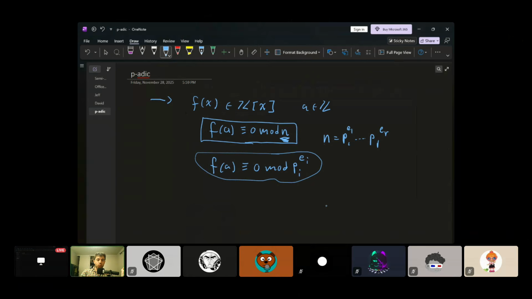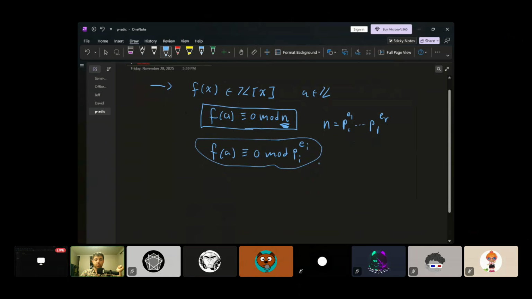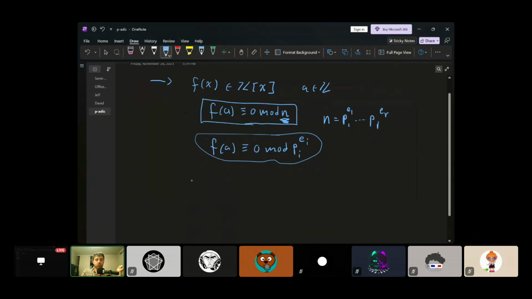So, well, the easiest case of that is you might think, oh, well, when e equals 1, right? So we might start with the most humble thing and just ask, okay, can we at least solve this polynomial mod p, fix some prime p. And then, if you want to get a higher power, you might say, okay, if I had a solution mod p, could I then lift that to a solution mod p squared?